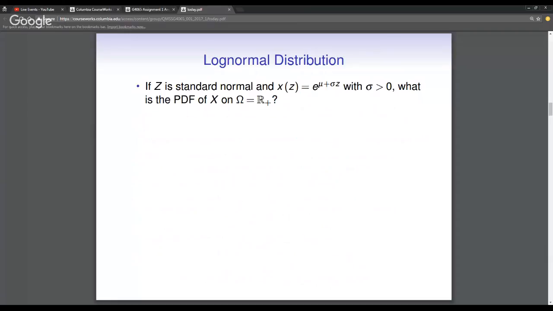What is the PDF of x, where x is going to have a sample space of the non-negative real numbers, because the exponential transformation is only positive? So how would we apply the general principle that we just learned to figure out the PDF of x?